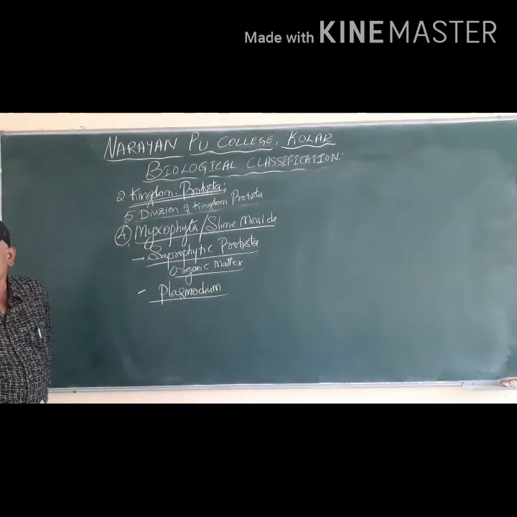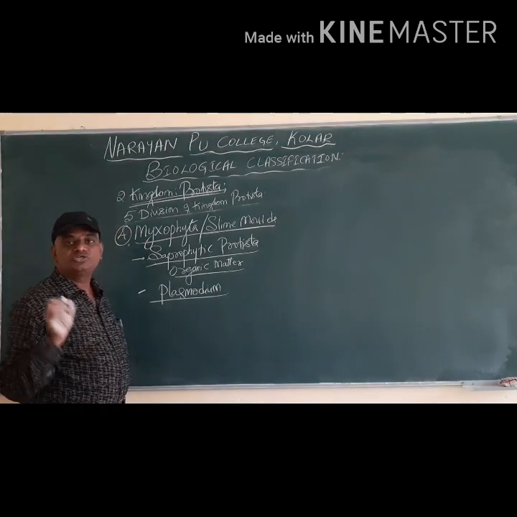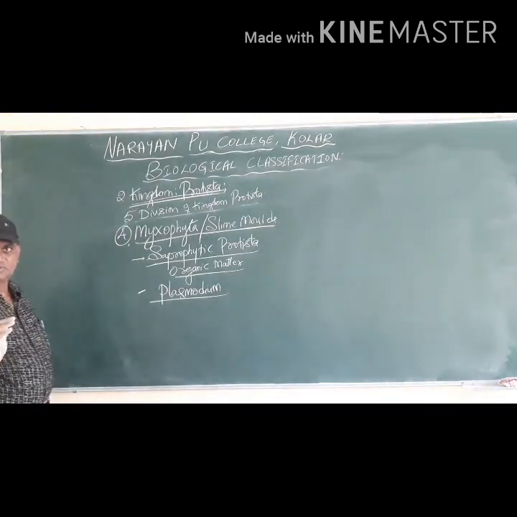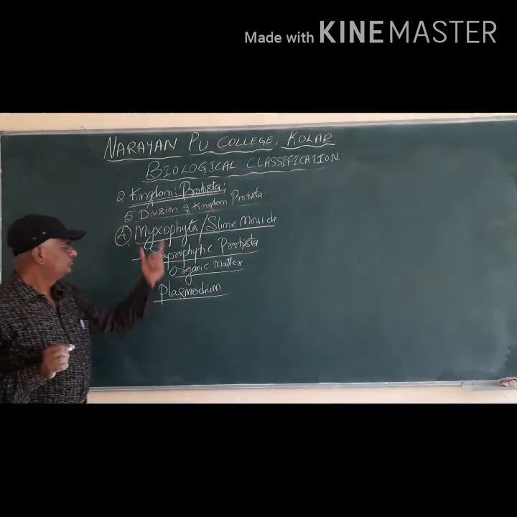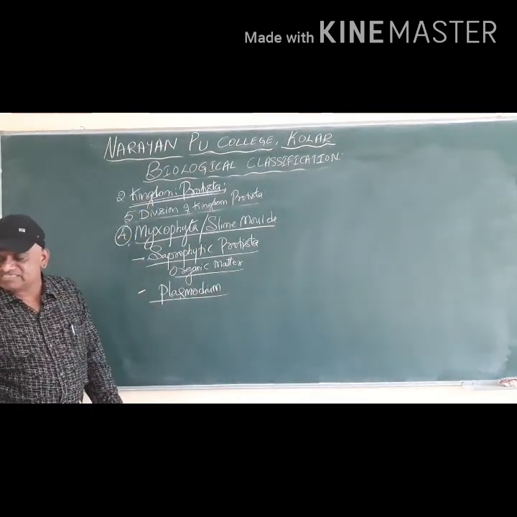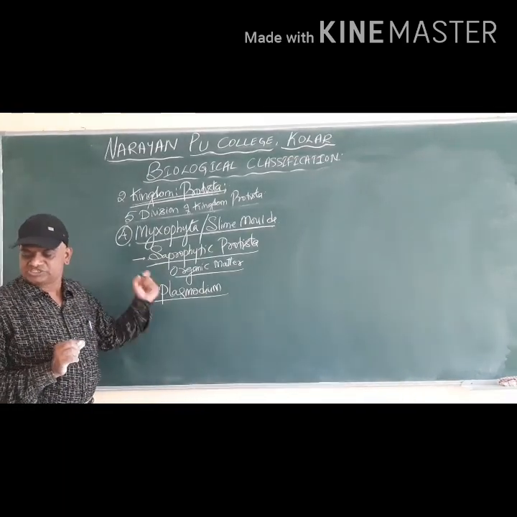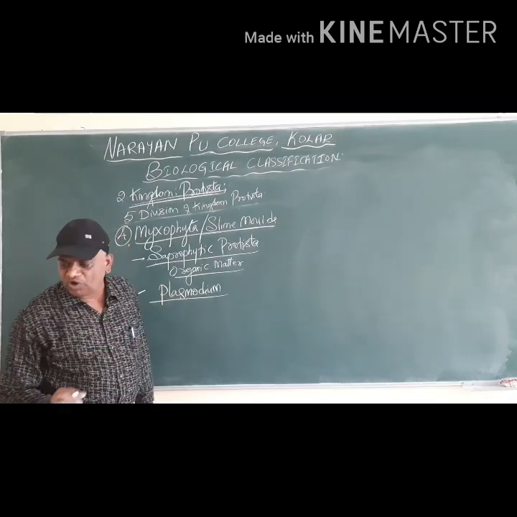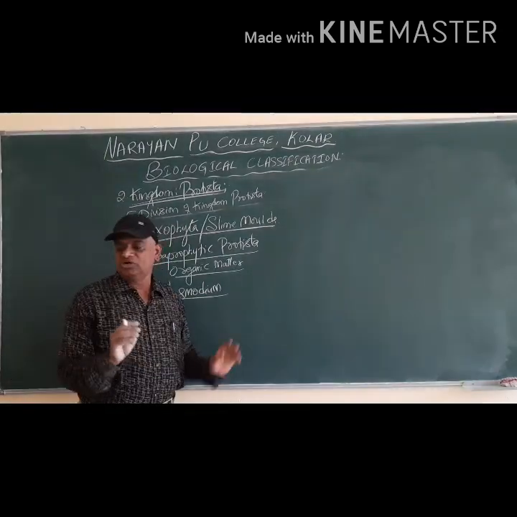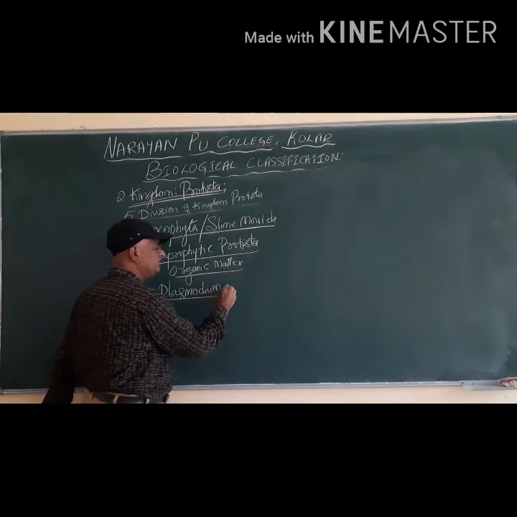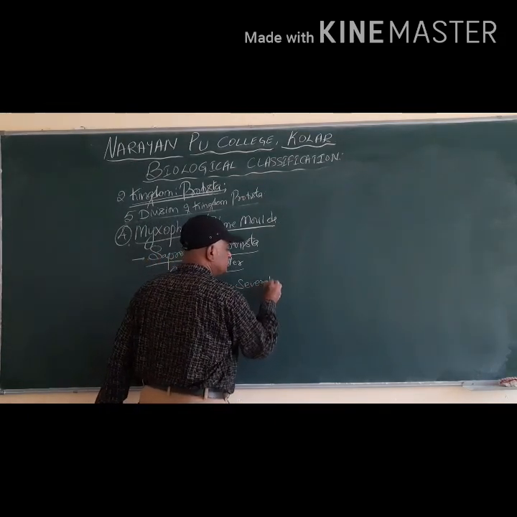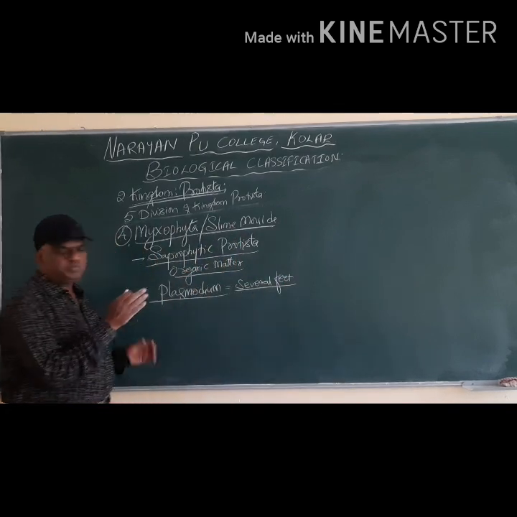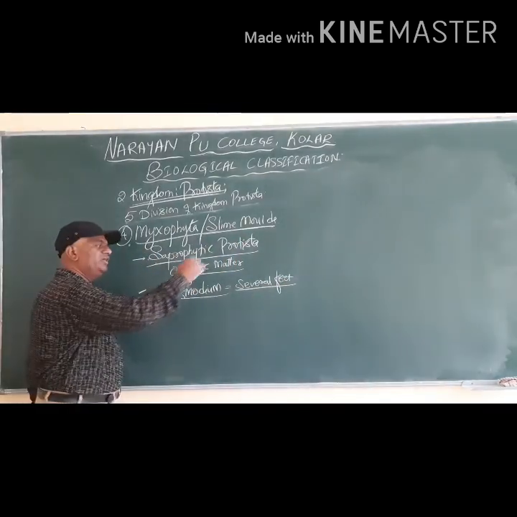The slime molds aggregate to form a plasmodium, so the aggregated forms are called plasmodiums. They keep on aggregating and growing over several feet together.